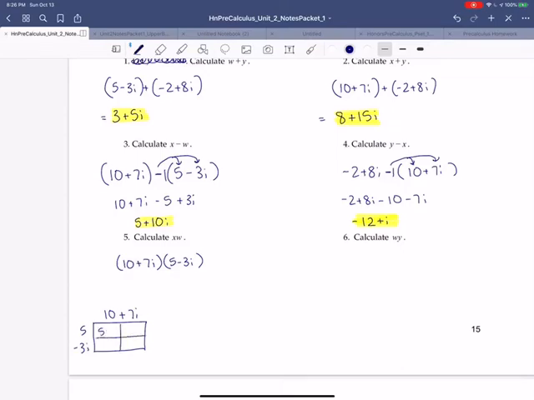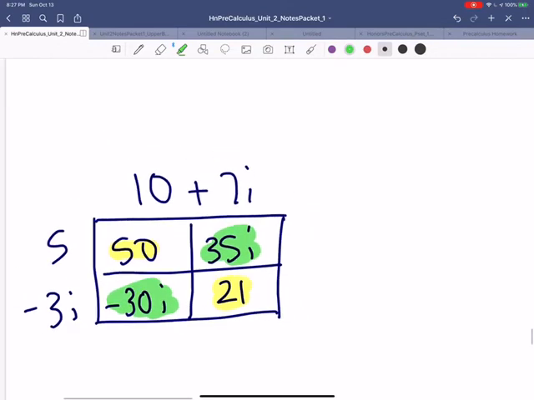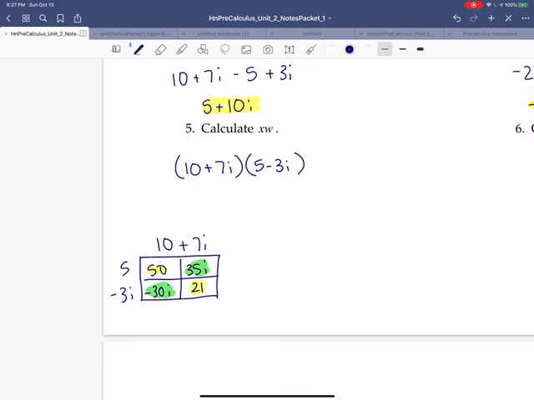So I get 50, 35i, negative 30i, and negative 21i squared, which is negative 21 multiplied by negative 1, so that is positive 21. Then I add the real parts to get 71. And then I add the imaginary parts to get 5i. So this is 71 plus 5i.